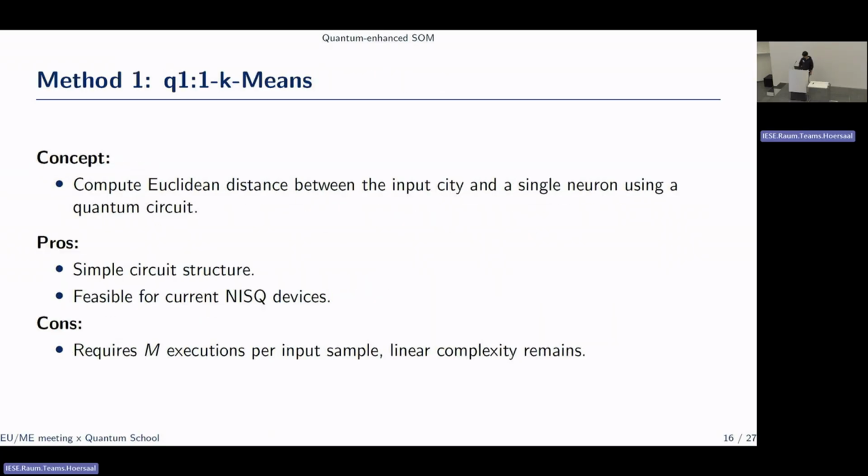to find the BMU. The first method is to compute the Euclidean distance between one input city and one single neuron using one quantum circuit. It has a very simple circuit structure and is feasible for current NISQ devices, but it still needs m executions per input sample, which is very similar to the classical SOM for TSP.